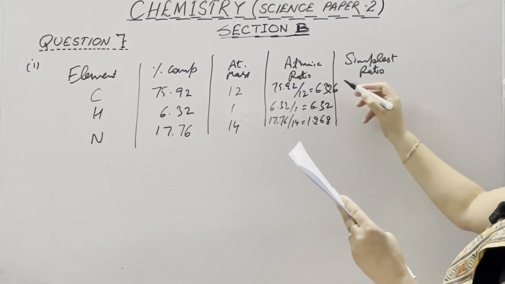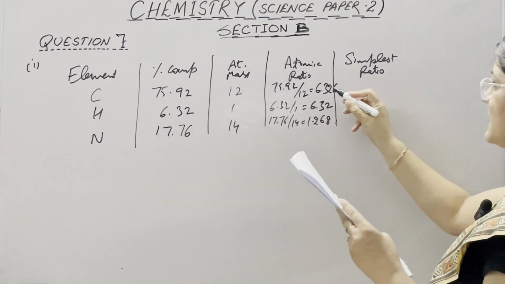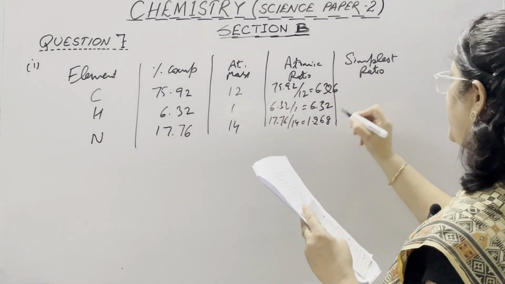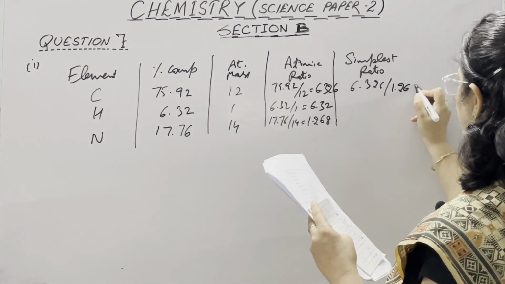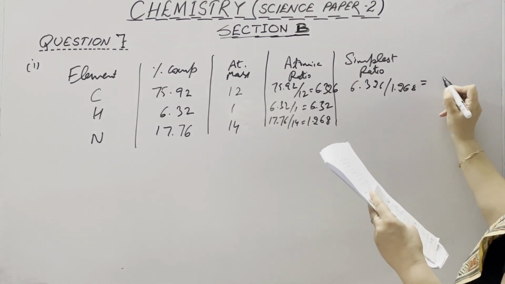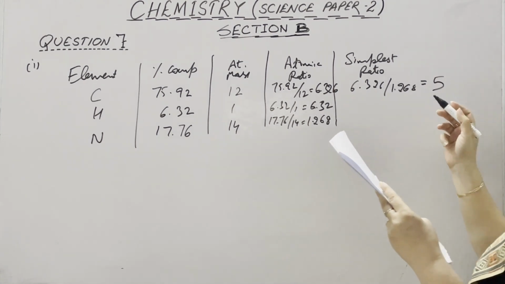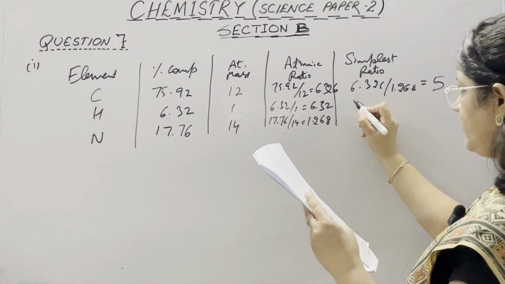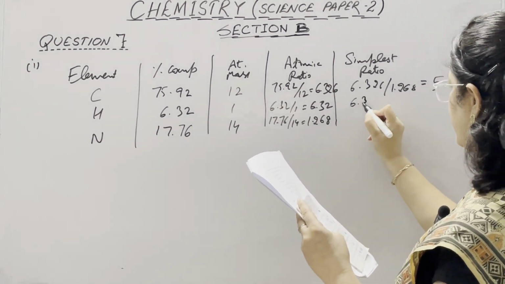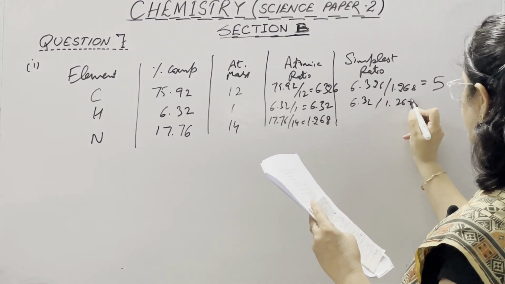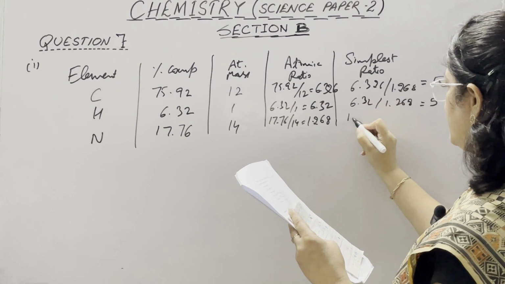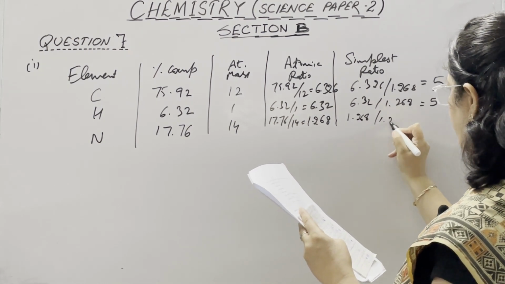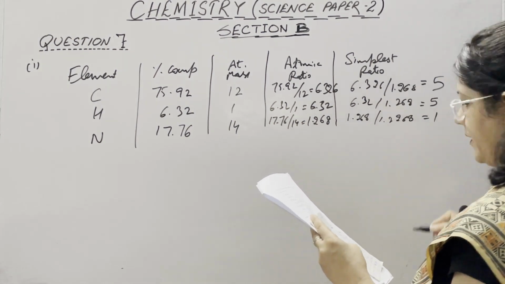Now simplest ratio means divide by the smallest, and the smallest is 1.268. So 6.326 divided by 1.268 gives 4.9, approximately 5. In second, 6.32 divided by 1.268 is 5. And the last, 1.268 divided by 1.268 is 1.